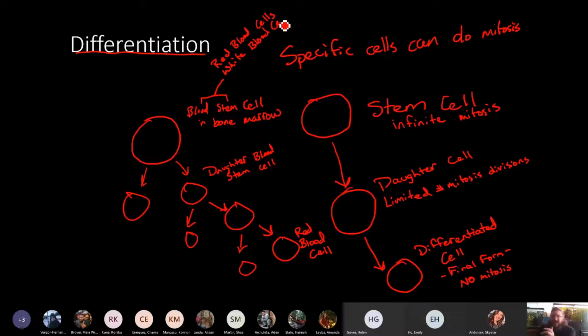Macrophages, neutrophils, granulocytes, that's lots of stuff you don't necessarily need to know. But it produces red blood cells, it produces the white blood cells, and it ends up producing platelets as well. So its differentiation pathway takes it to quite a few different potential cells.